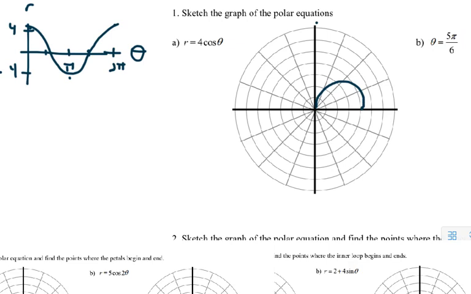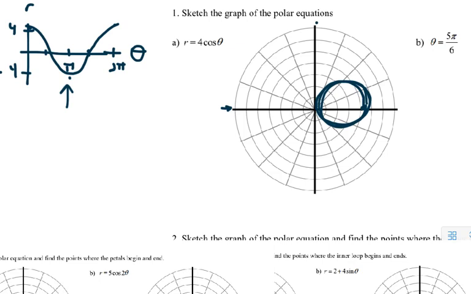We go down to pi and we're at negative 4. So here's pi, but I'm negative 4, so that shoots me across over here. And basically I'm able to finish this particular circle in just pi. Just pi radians is all it takes.